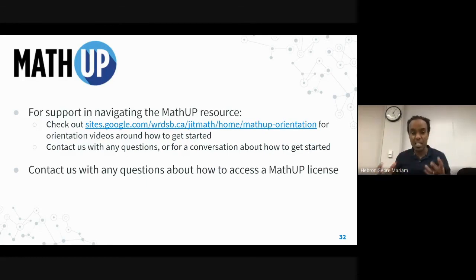But if you're feeling like, hey, we need support in putting these planning pieces together, it's important that you check out Math Up. And maybe sometimes in the rush of things, we haven't checked out all that Math Up has to offer because it's quite extensive. So in the next slide, we've provided a resource to support you navigating Math Up.